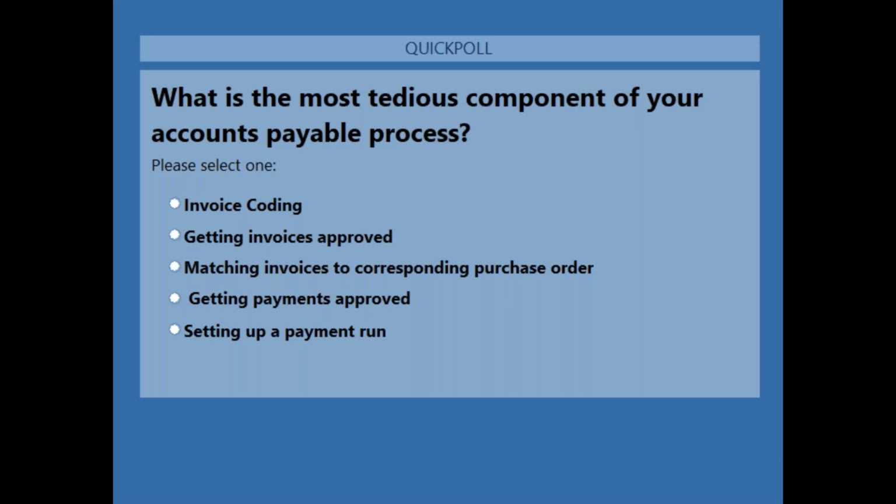The choices are invoice coding, getting your invoices approved, matching invoices to POs, getting payments approved, and setting up a payment run.